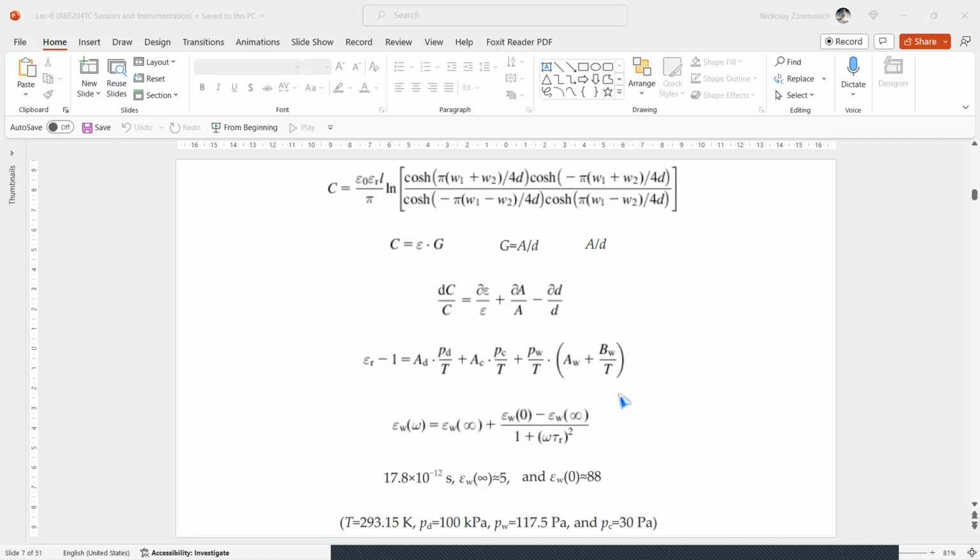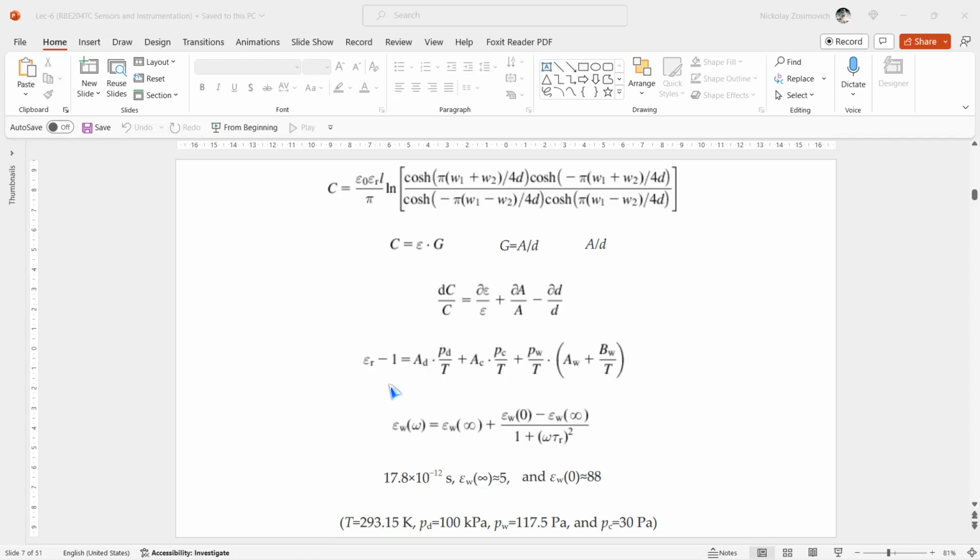The dielectric constant is expressed in complex notation. So we may express epsilon equals epsilon prime minus j epsilon double prime, where both the real and imaginary parts are frequency dependent.